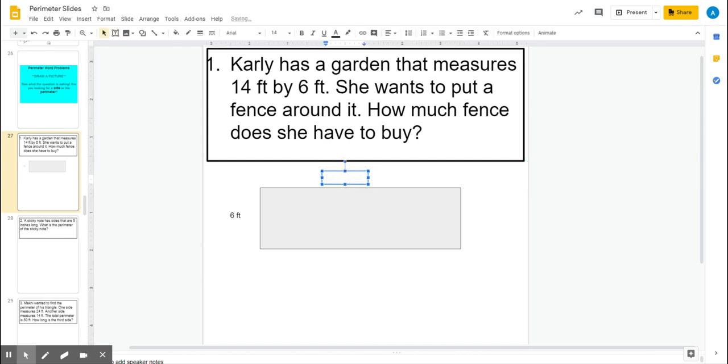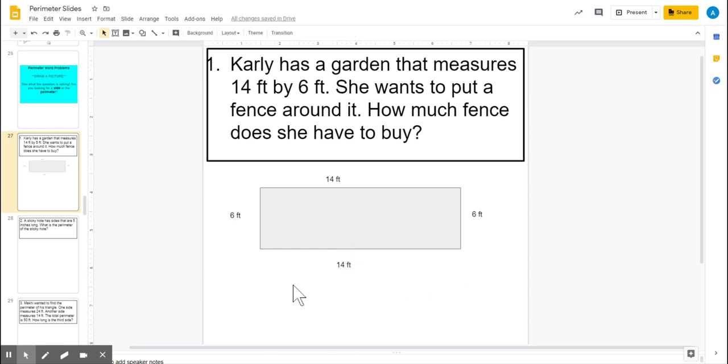We have 14 feet. And then click, box. See, rectangles have parallel sides, so across from each other. So then we have our picture, 14, 6, 14, 6, all filled in.